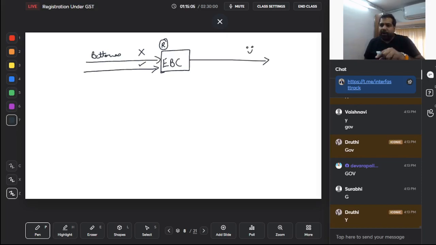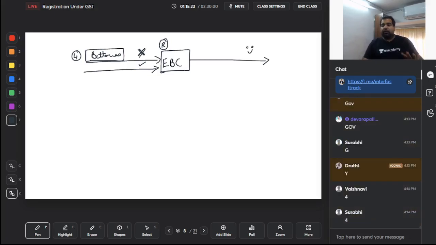But EBC has one request. They tell the government that, government, out of the batteries that I had bought, when you had not given me credit, 4 batteries are left in my godown. How many batteries, guys? Please tell me. Out of all the batteries that I bought on which you did not give me credit, 4 batteries are lying in my godown.